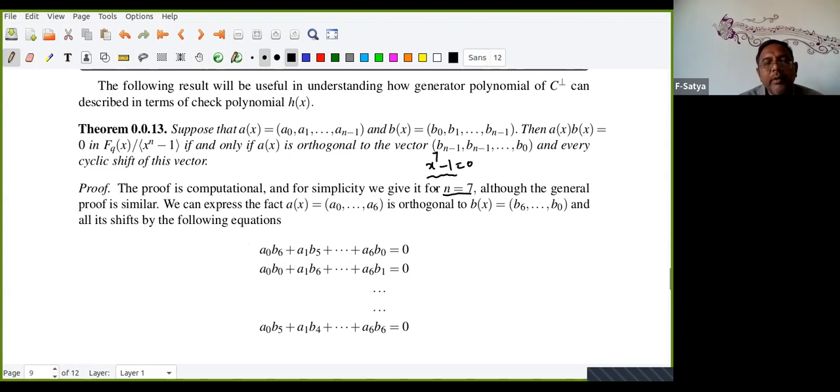I'm working modulo x power 7 minus 1. So this is a0 plus a1x and so on plus a6x power 6, multiplied by b0 plus b1x and so on plus b6x power 6. Can you tell me what is the constant term here?